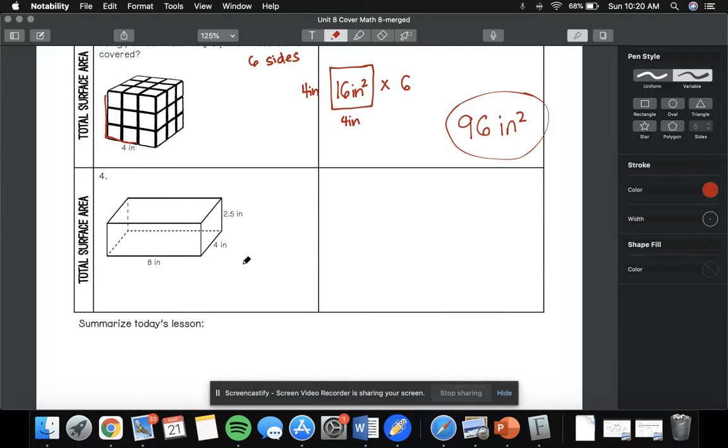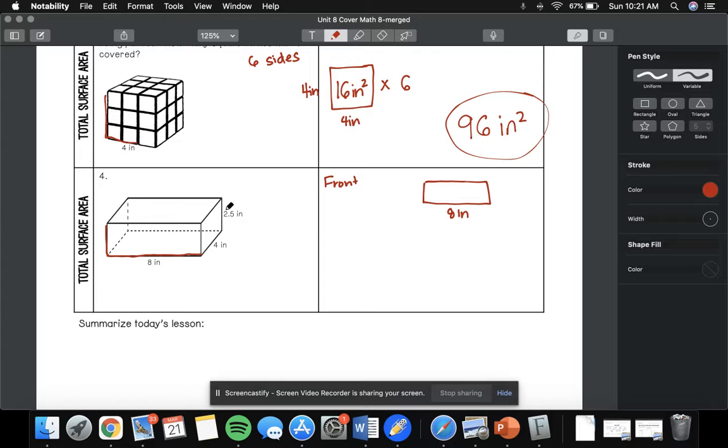All right, next we have, again, one more total surface area, and it's not decomposed for us, so we kind of have to just look at it and visualize it ourselves. Okay, so first I'm going to do the front. Okay, so the front, you see this shape right here, okay? So I see that it's 8 inches long, okay?